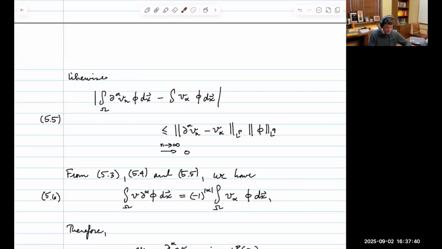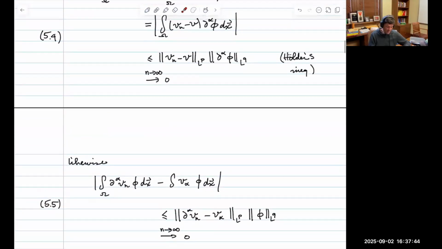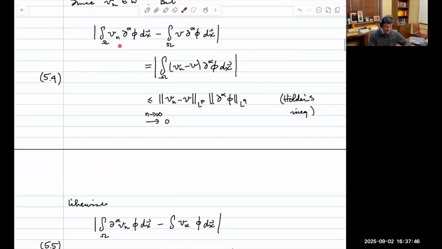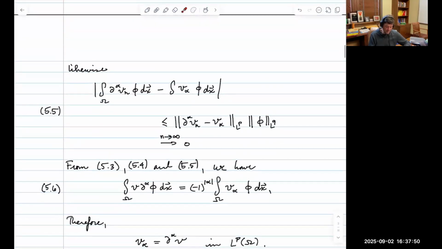I want to show that these two integrals become close together. I can use the same trick. I have two integrals, and I'm going to write them as a single integral. Then I'm going to apply Holder's inequality, and if I do that, I get that this difference in L^p goes to 0 because of the statement I made above. In particular, I said this is a Cauchy sequence, so it has to converge to something. That something is just that.